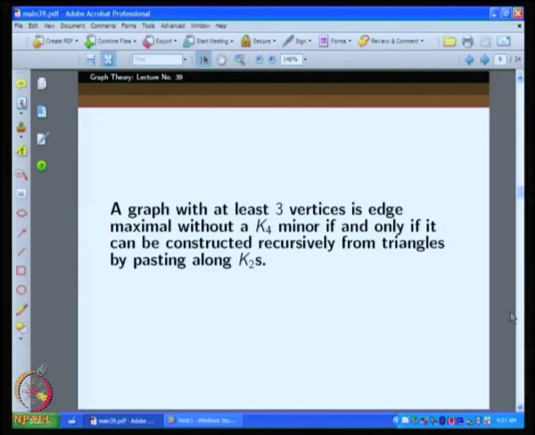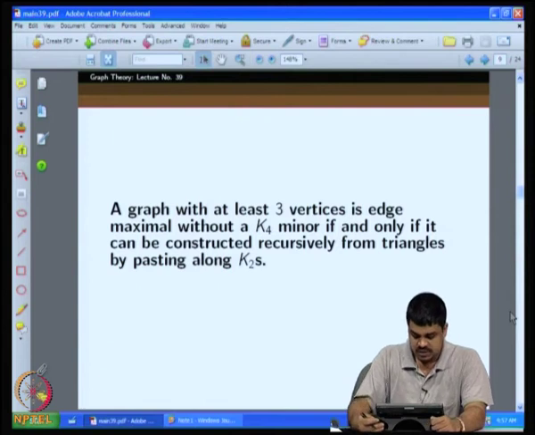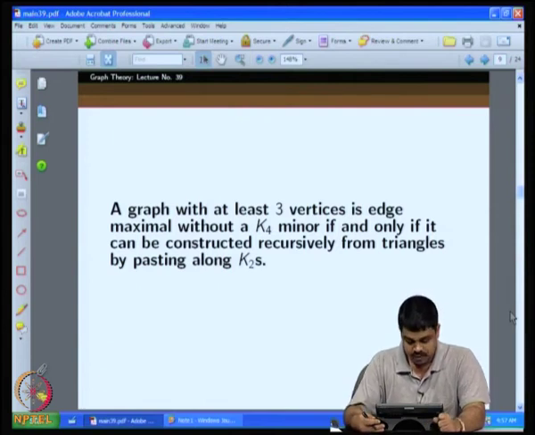We need to understand the structure of the graphs without a K_4 minor, and then show that they can be colored using 3 colors. This lemma helps here.